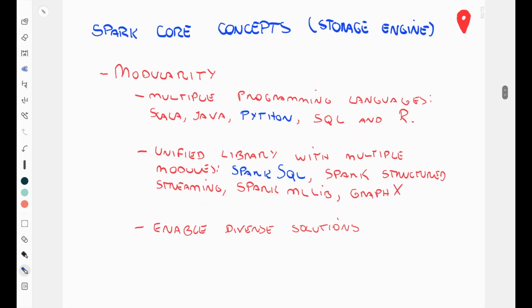You have the modularity. As I said on the first slide about Spark core concepts, you want a unified engine for large-scale data. For that, you have to have multiple programming languages. That makes it easy for the user. You don't have to learn a new data language just to use Spark.